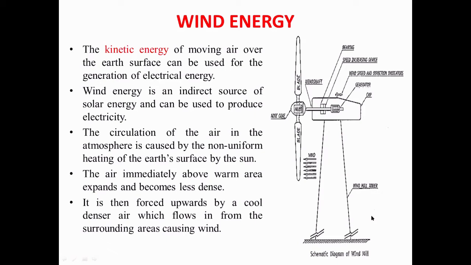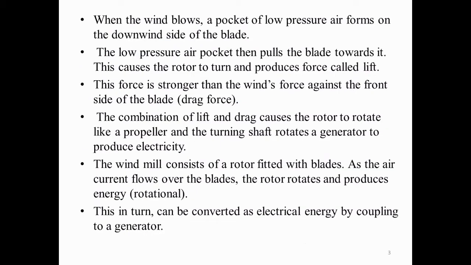Thus you are converting wind energy into electrical energy by coupling to a generator, and it is used for grinding grains, pumping water, and similar applications. This is what wind energy is all about. This slide is also telling about the same part which I have just explained.